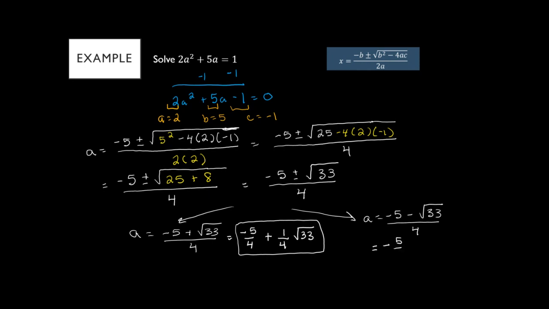You'd have a -5/4 and then a -1/4 times the square root of 33 if you wanted to write it that way. The only advantage to splitting them up like this is if you see that you have fractions that you can reduce. If nothing reduces, if there's nothing that you can divide out, you could leave it in the previous step.